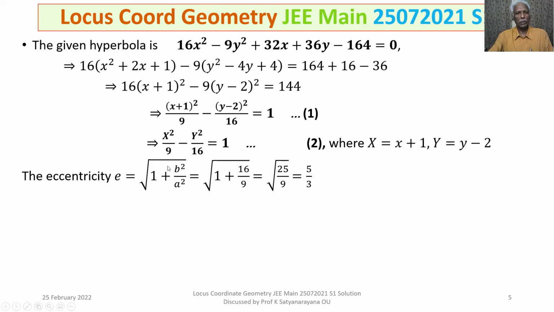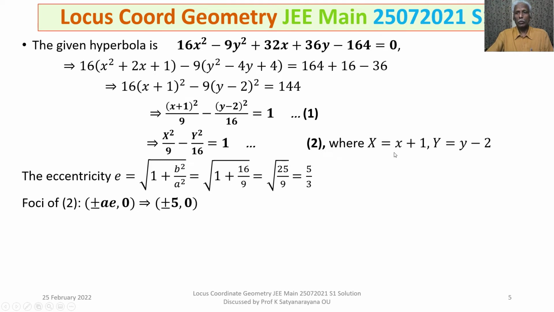B square is 16, a square is 9, and on simplification we get 5 by 3, which is greater than 1, thus it is a hyperbola. I am sorry. The foci of the above hyperbola 2 is given by plus or minus AE comma 0. This implies plus or minus 5 comma 0. It is for the equation 2.